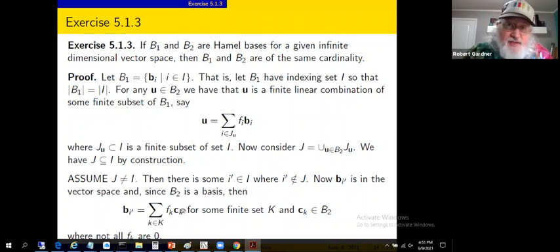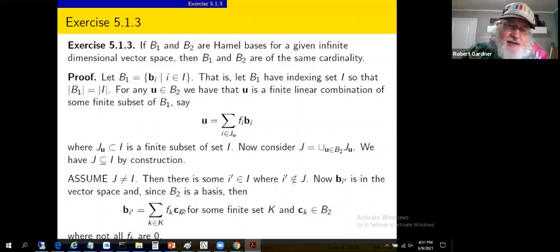J sub c sub k is the indices that would be necessary to write c sub k as a linear combination of these. So we're going to give an argument that's really heavy on basis B sub 1. We haven't touched basis B sub 2 except in this notation here, at least so far. But like I said, in the end, we'll interchange the roles of B1 and B2, so they end up playing equally important roles.